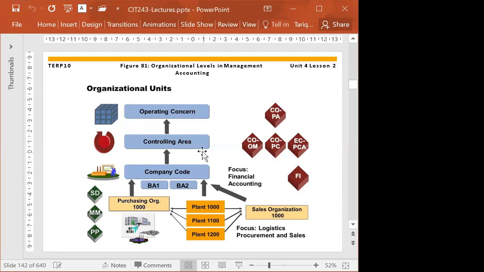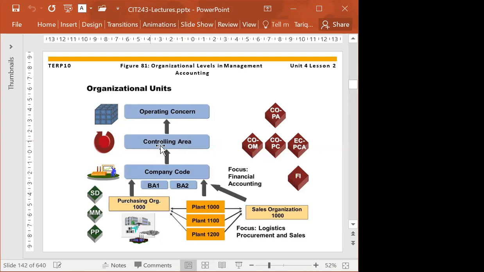One more time, remember, if we don't do profitability analysis, then we don't need the operating concern. Otherwise, the operating concern is the highest level in managerial accounting. The basic organizational unit is this one. If there is no operating concern, no problem, we can still work with the controlling area.